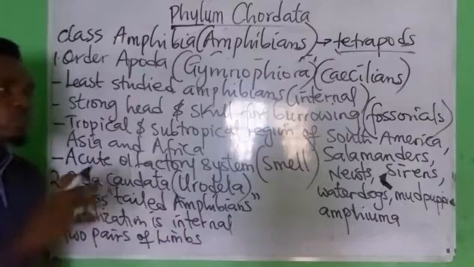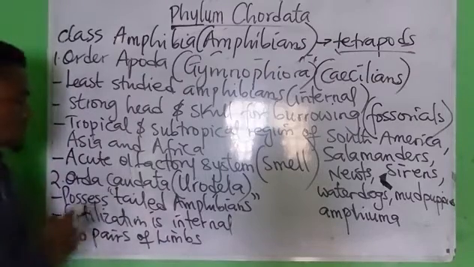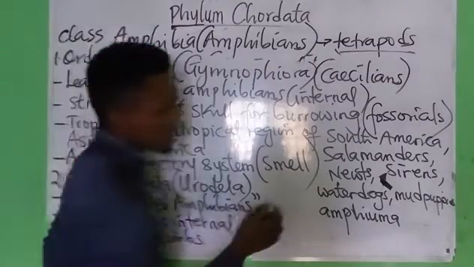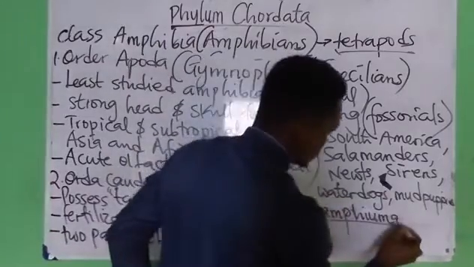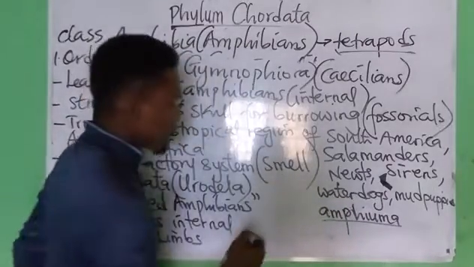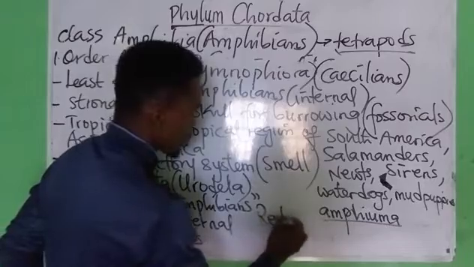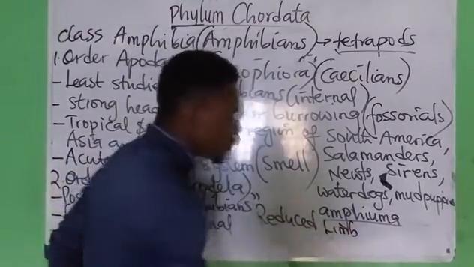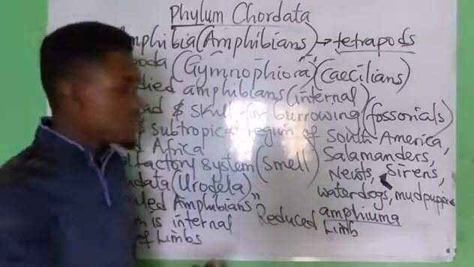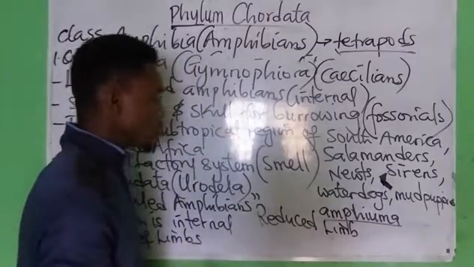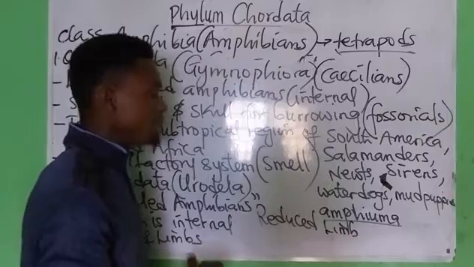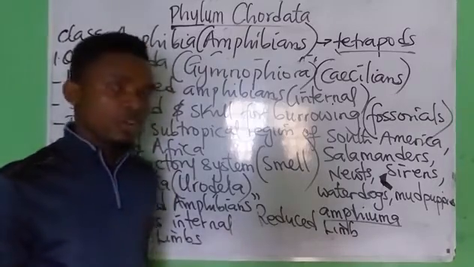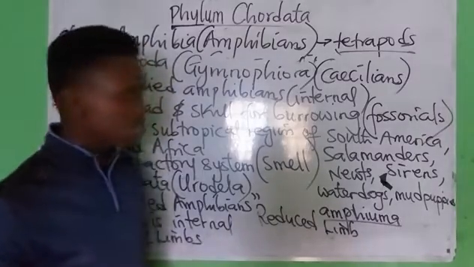However, in some of those organisms, the case is different. Please take note that in Amphiuma, they have reduced or lost limbs. Some of them have degenerated limbs or reduced limbs, as the case may be.